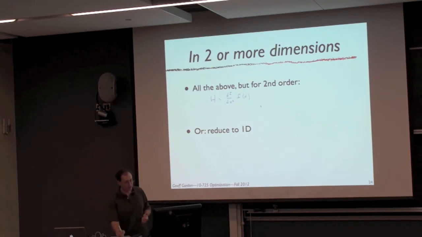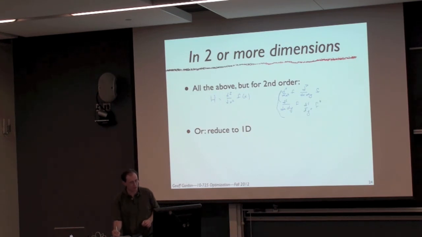For example, in 2 dimensions, it would be d squared by dx squared f, d squared by dx dy f, d squared by dx dy f, and the last one is d squared by dy squared f.